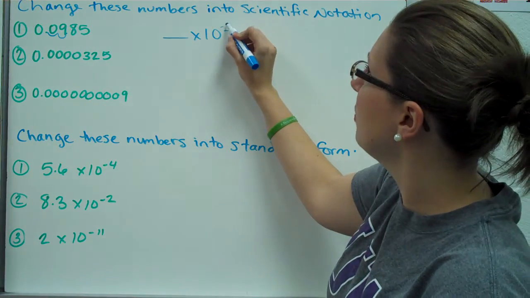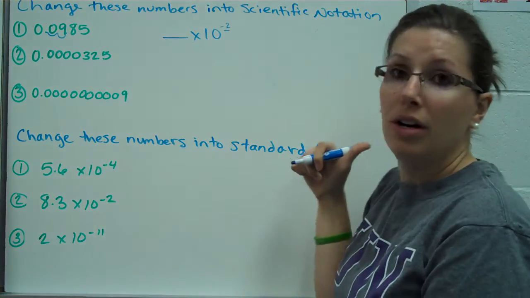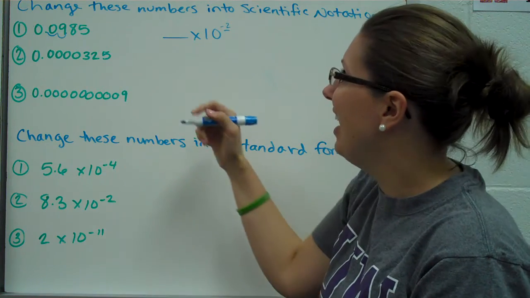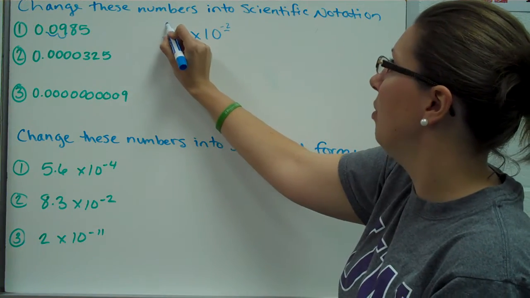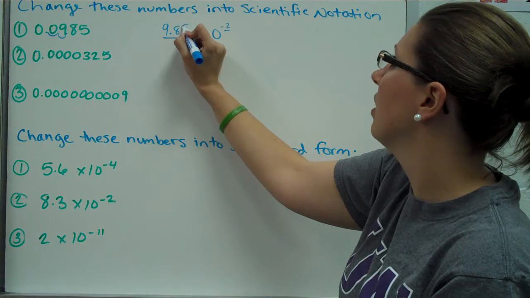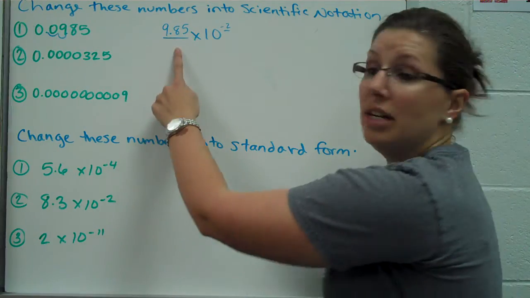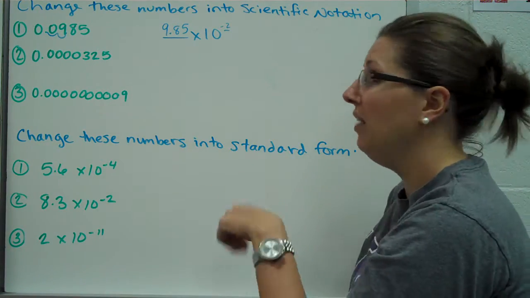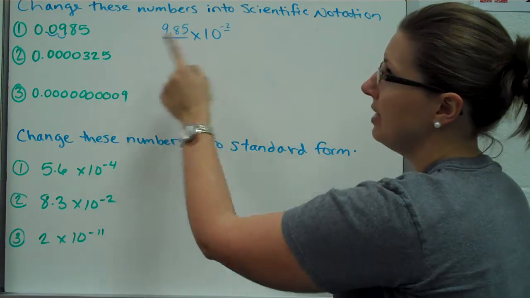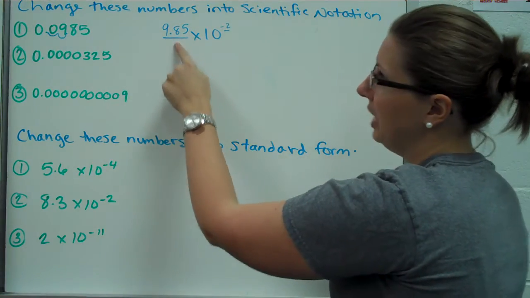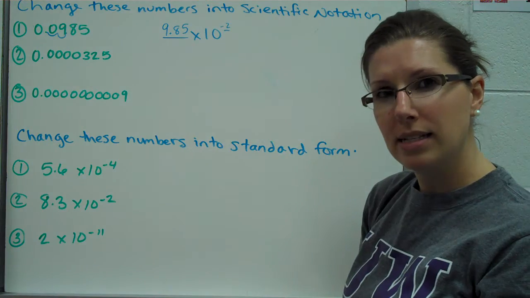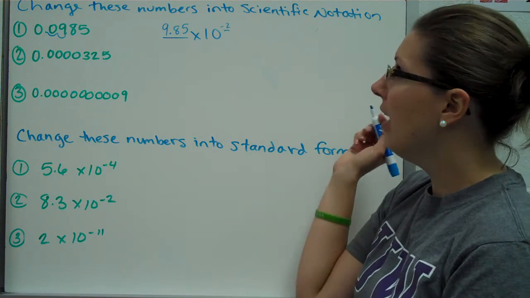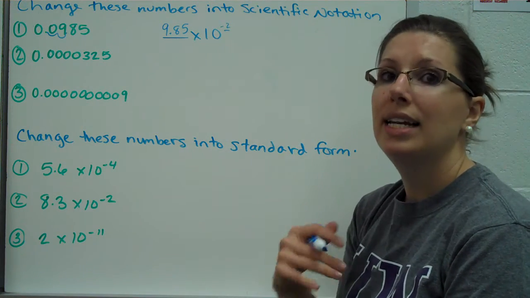I moved it 2 spaces to the, which way is that? Right. And my new number is 9.85. So let's check. This is a number in between 1 and 10. Got that. And this is how many places I had to move the decimal to get that number. Does that make sense? I moved to the left, so my exponent is negative.